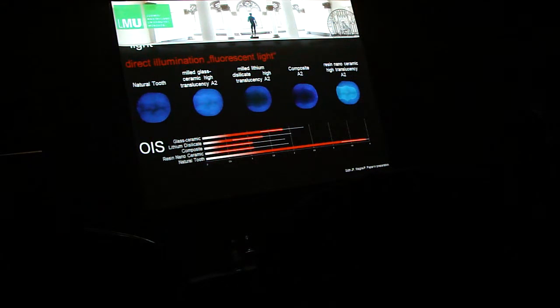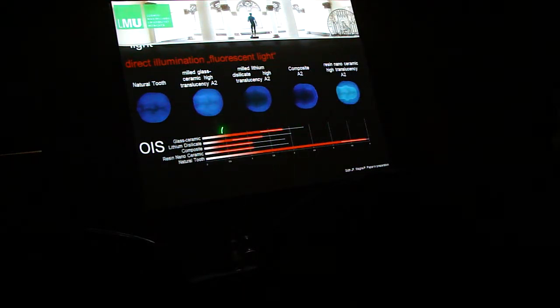The question now is, does it cause difficulties in the clinic? I don't think it does. But what might cause problems is a lack of translucency or a low level of translucency, making the restorations appear a little bit darker. So this is what brings me to the end.